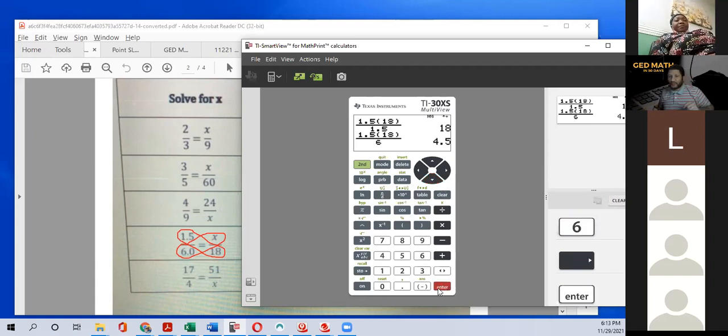I got 4.5. Now, I didn't do that on purpose. I just clicked the wrong button, not paying attention. But what you should know is what the expected answer is.